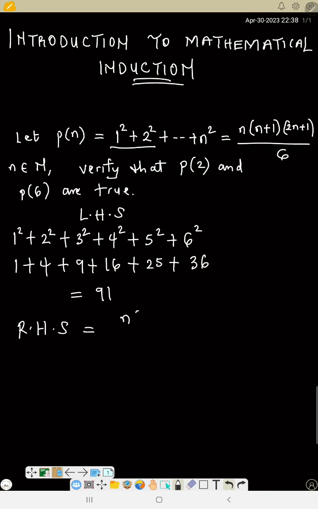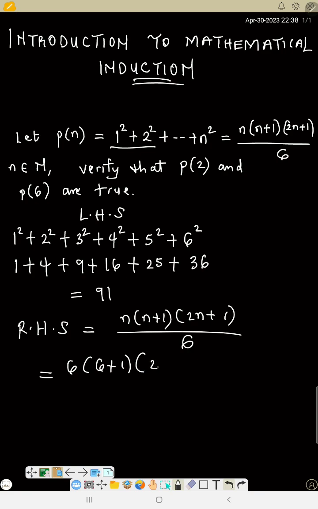Now the right hand side, we have n times (n plus 1) times (2n plus 1) divided by 6. When n is 6, that is 6 times (6 plus 1) times (2 times 6 plus 1) divided by 6.